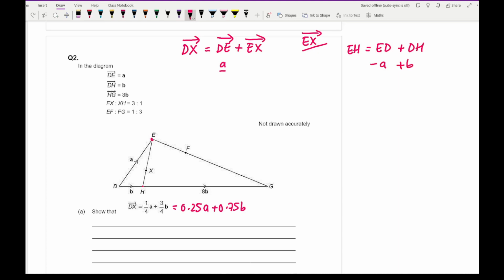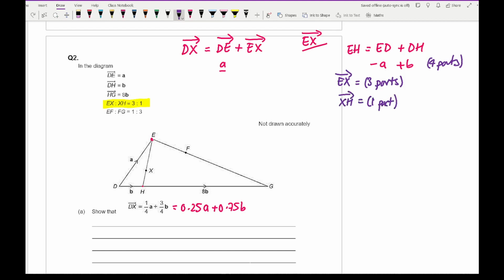Now using this first ratio, I know that EH is equal to 4 parts. Now E to X is 3 parts and X to H is 1 part.